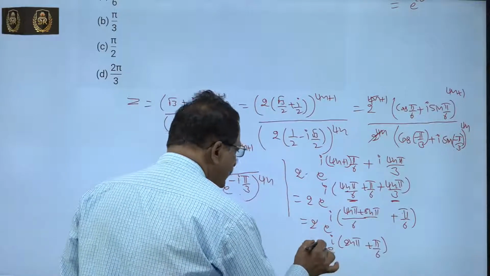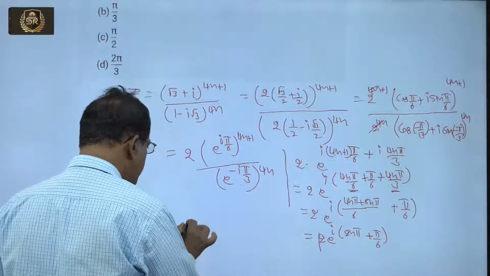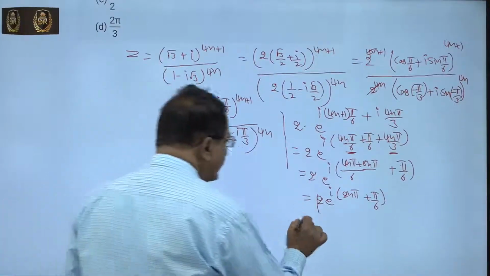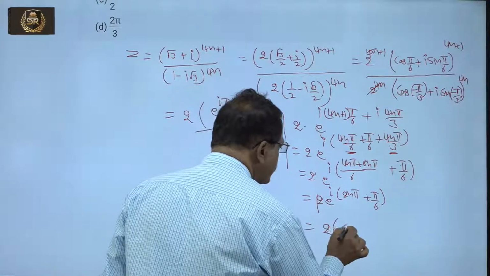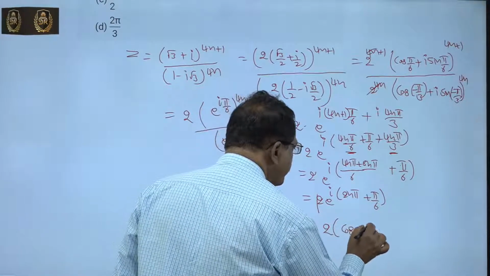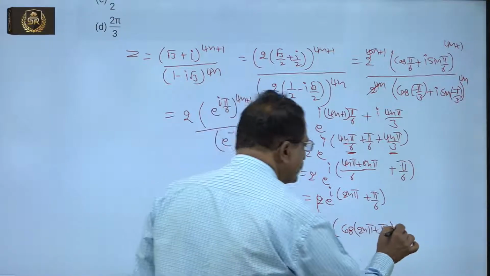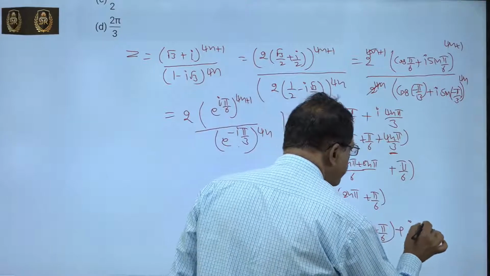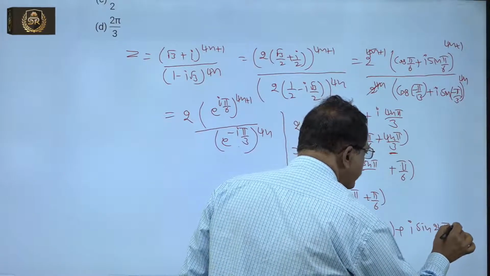Now again, write this in terms of θ: that equals 2 times (cos(2nπ + π/6) + i sin(2nπ + π/6)).